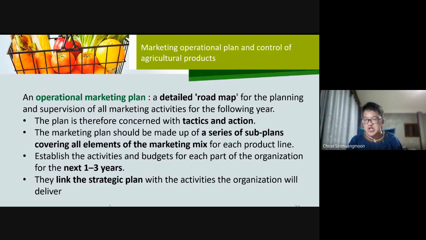So this is quite short term. Then the operational marketing plan is linked directly to the strategic plan. So you need to follow the strategies that you already set from the previous steps. Then you need to create the tactics or actions that are linked to the strategies.